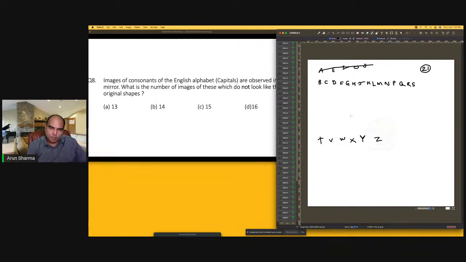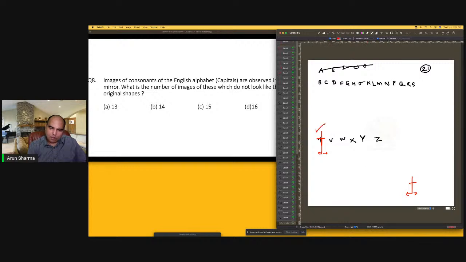What you have to understand here is that something that will look like itself will only be something that has a central axis on which both sides are the same. For example, the letter T has a central axis which is symmetrical on both sides.